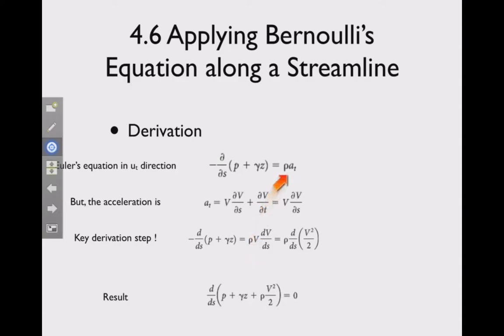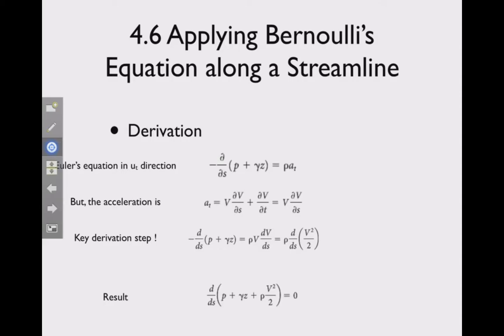We plug in this value for alpha, the tangential acceleration, and since v is only a function of s, we can make this a full derivative, dv ds. And we also note that d ds of v squared over 2 is equal to v dv ds.